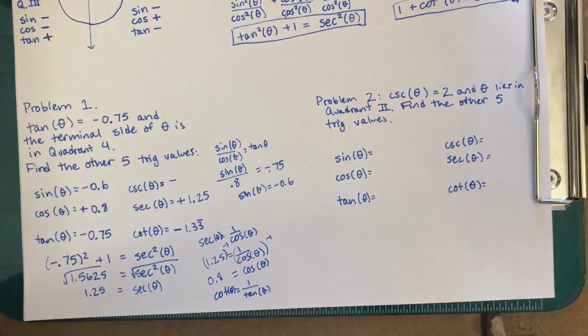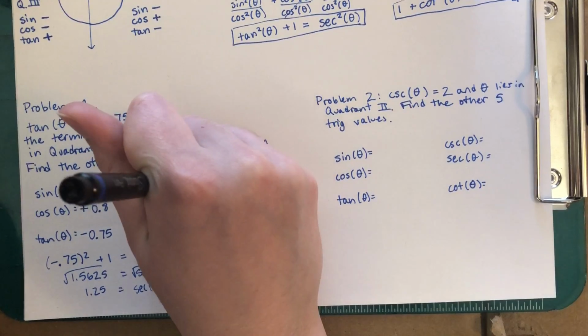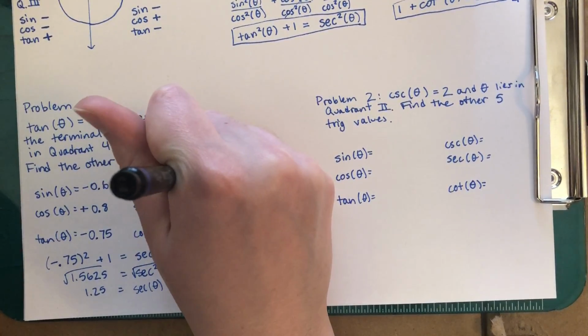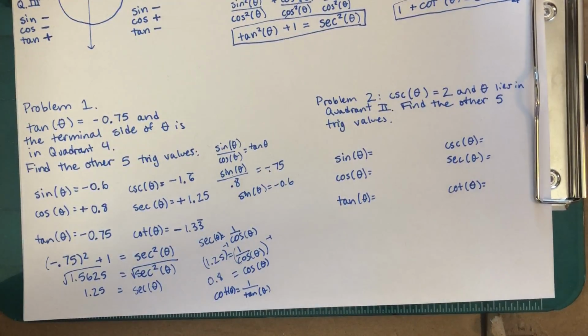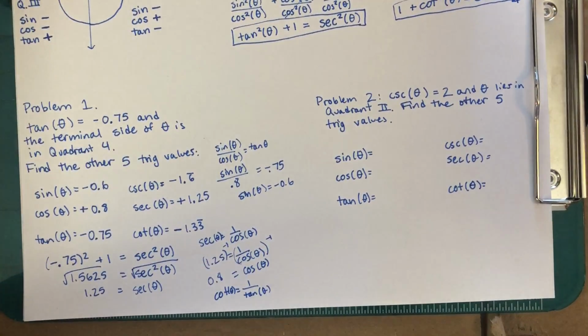And cosecant is 1 over sine, so 1 over negative 0.6 is negative 1.6 repeating. There we go. So now I figured out all 5 of the other trig values just based on that one value.